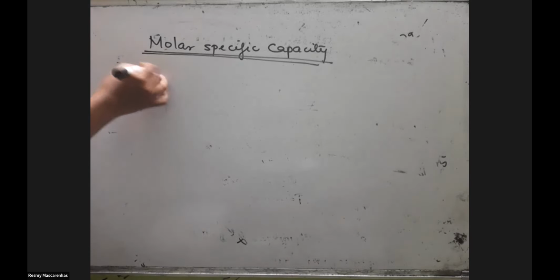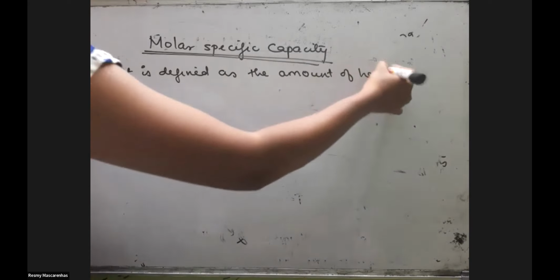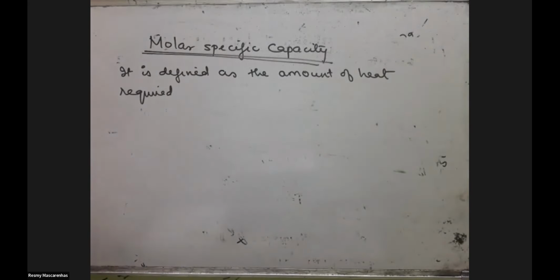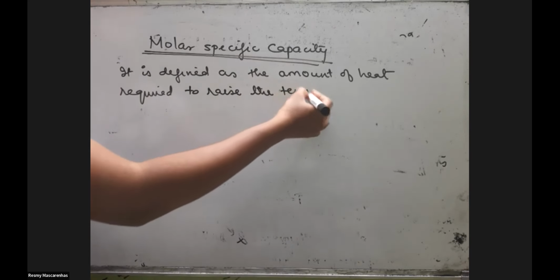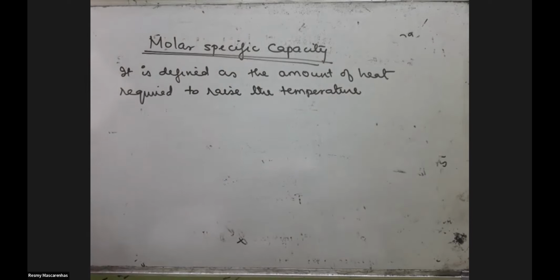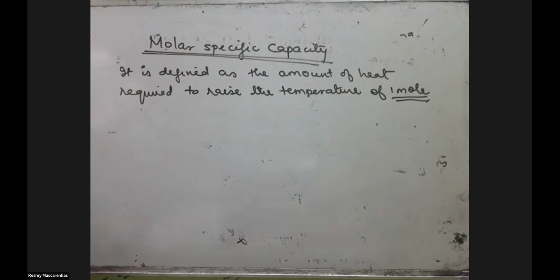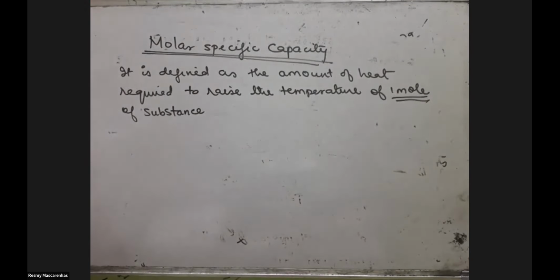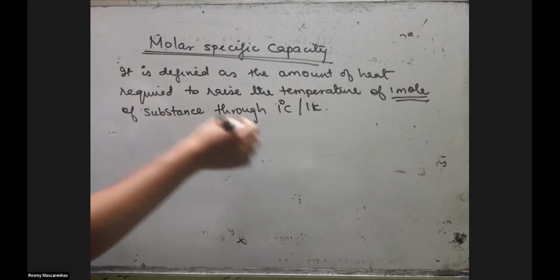It is defined as the amount of heat required, same thing, you just change one word: instead of kg, it will be 1 mole, to raise the temperature through 1 degree Celsius or 1 Kelvin.